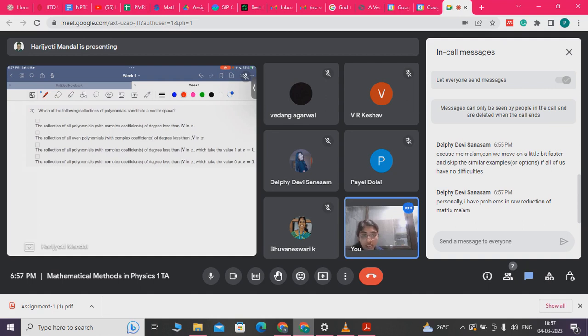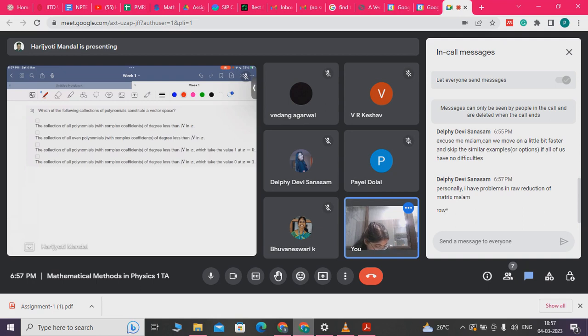Similarly, question 3 is also about constituting a vector space. If anyone doesn't have a problem, then I can skip that, and if anyone has a problem, I can explain it later.